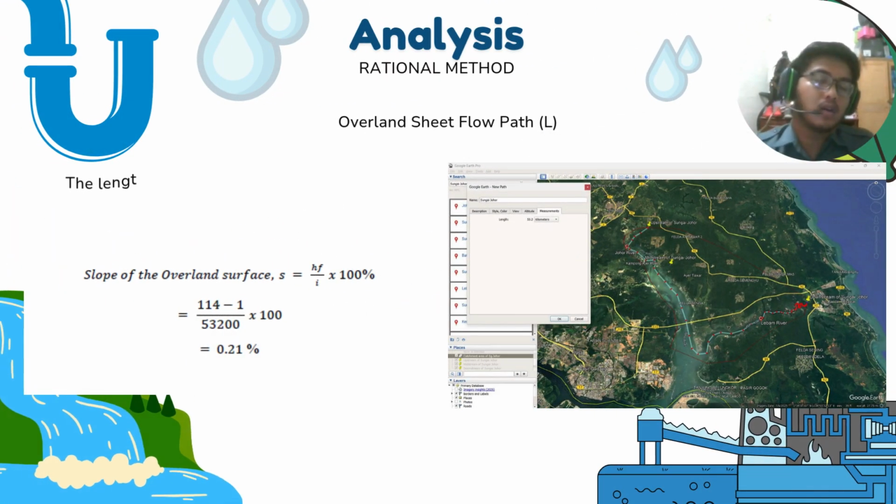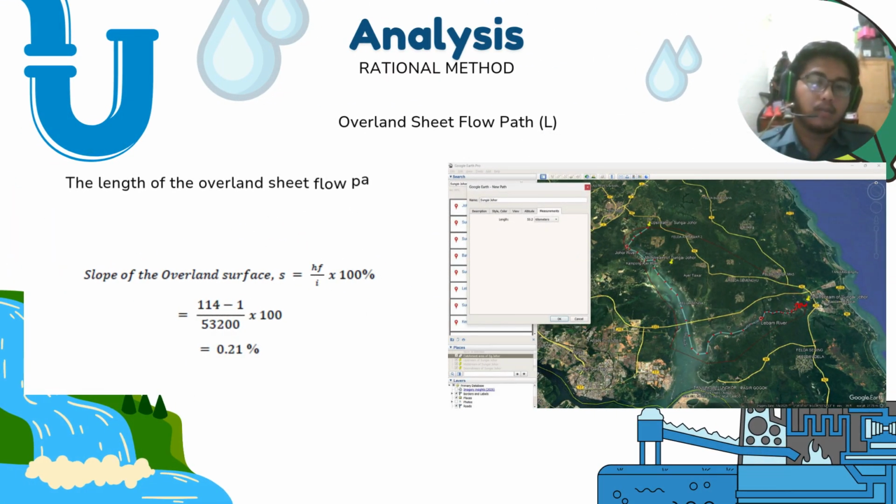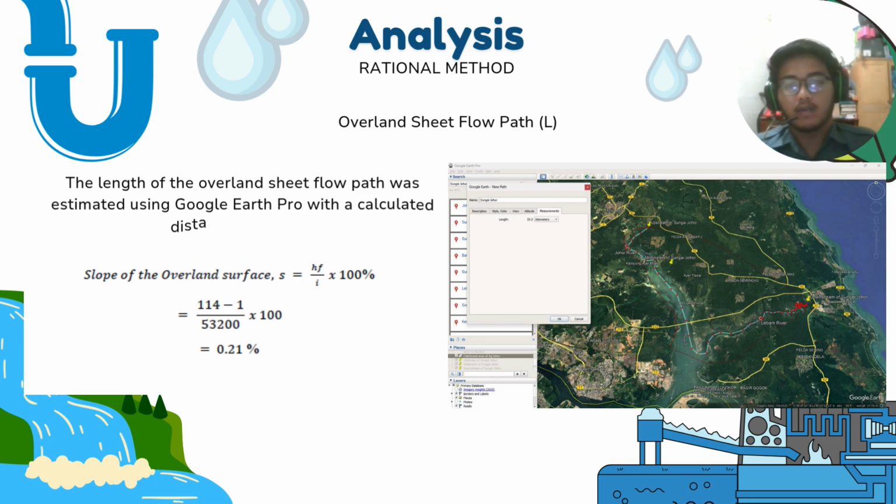So the next one, we must find the overland sheet flow path, which is L. The length of the overland sheet flow path was estimated using Google Earth Pro with a calculated distance of 53.2 kilometer, as we can see in the screenshot from Google Earth Pro.